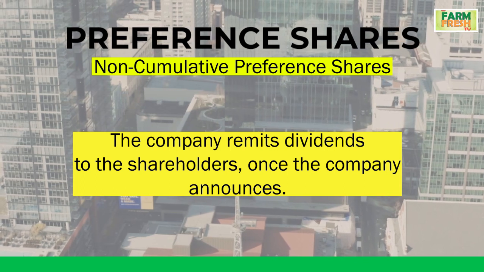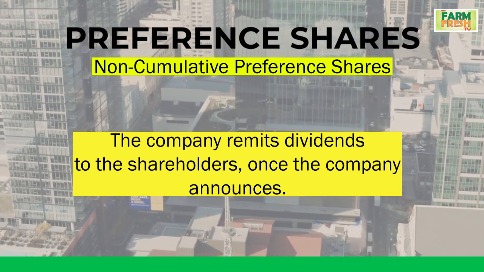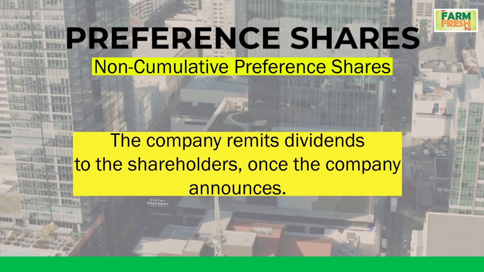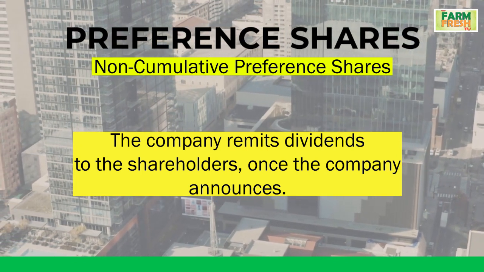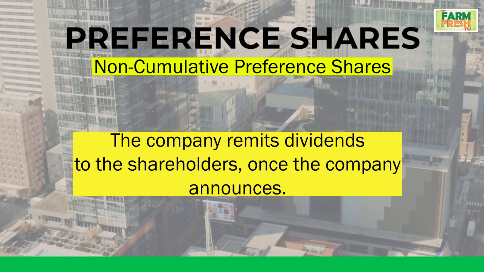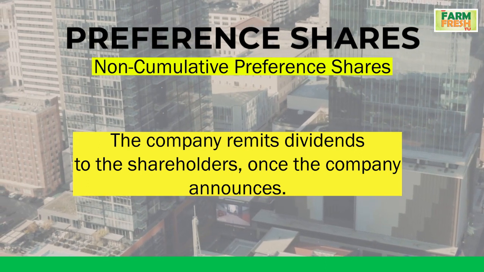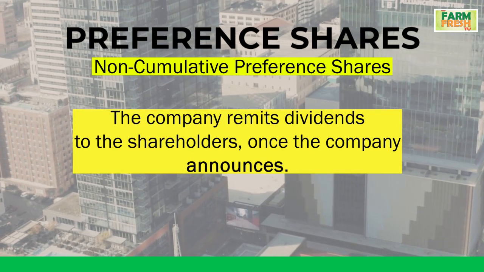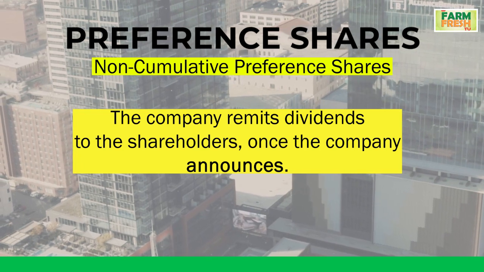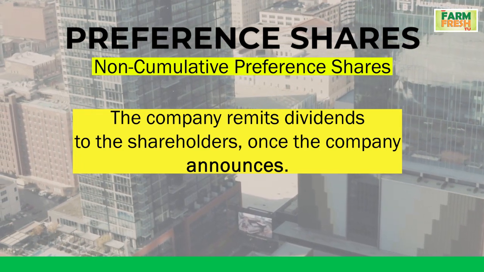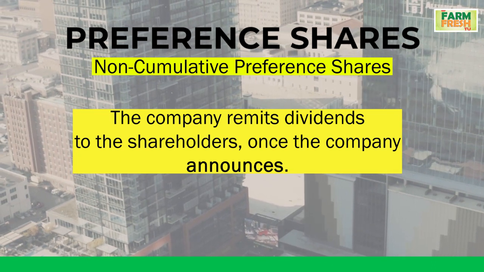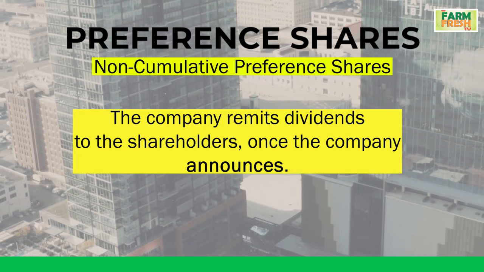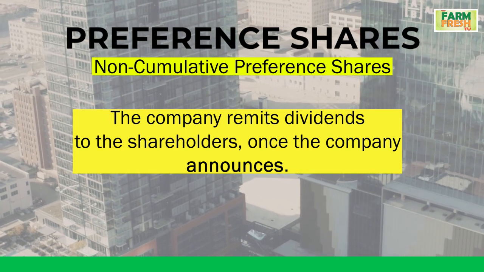They must be given once there is dividend. However, they only get that dividend if the company announces that it is giving dividend. So the company can decide not to announce it and still share among others, and the non-cumulative holder does not get anything. It was not announced according to the law, and since it was not announced, they don't need to pay.